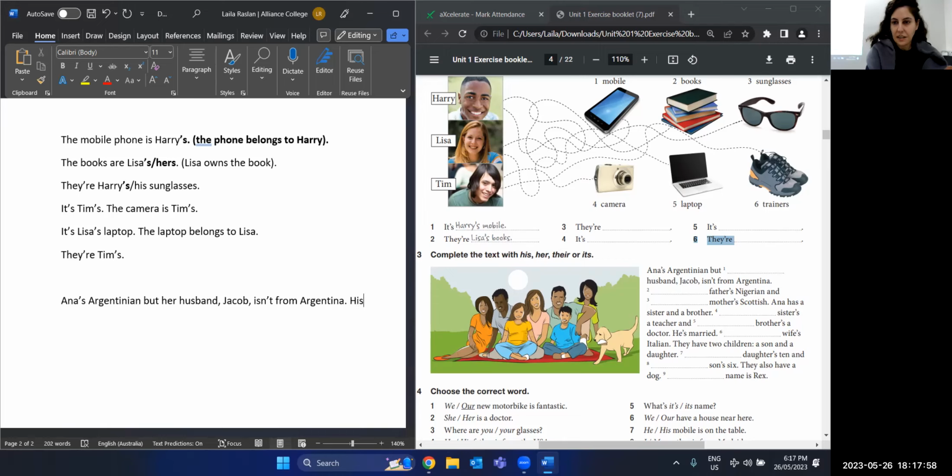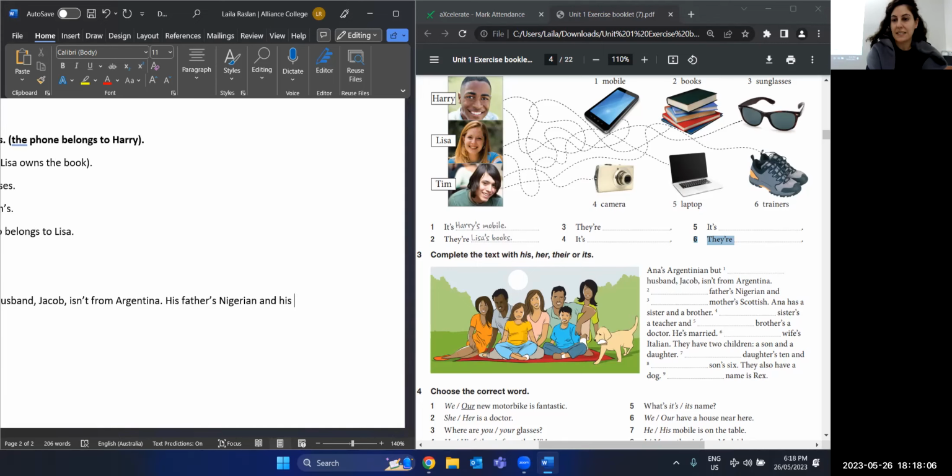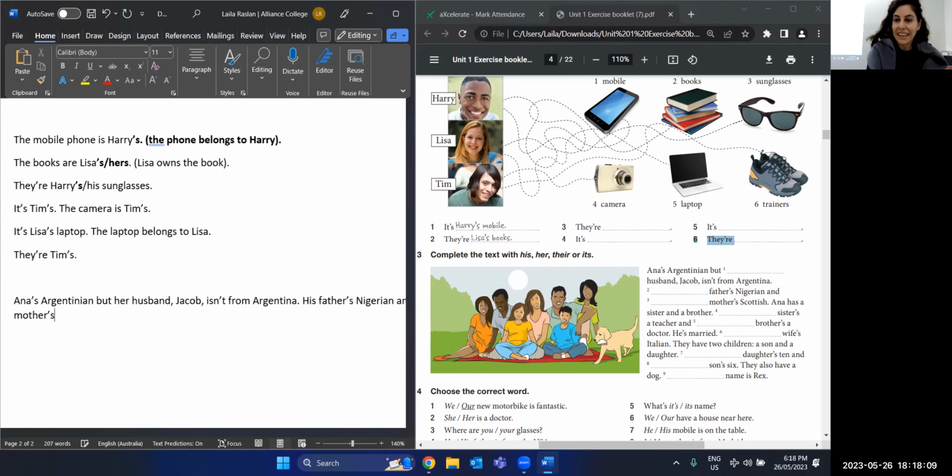His father is Nigerian, and we're still talking about her husband, and his mother is Scottish.